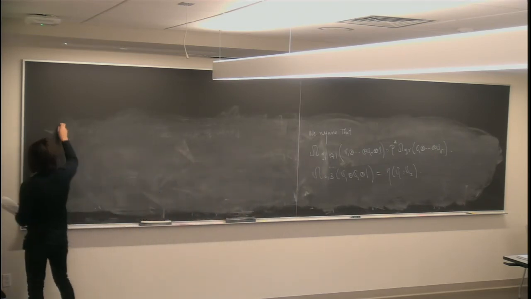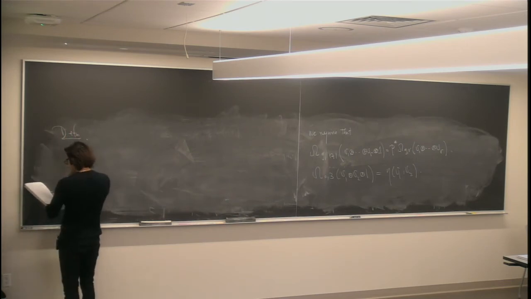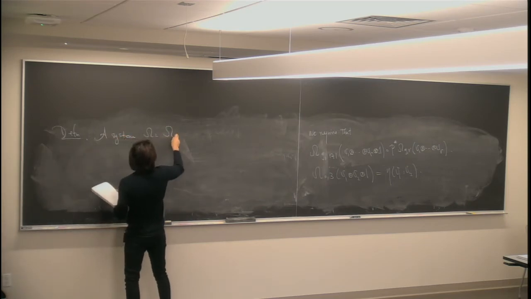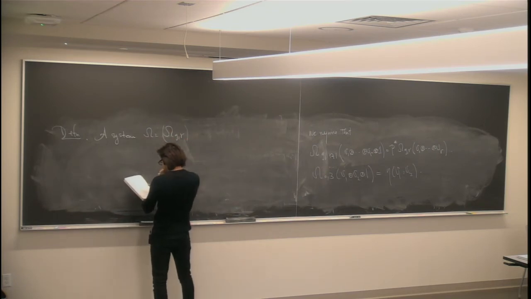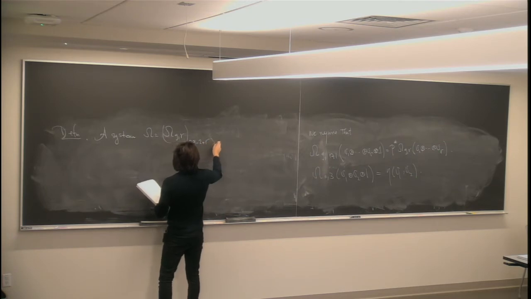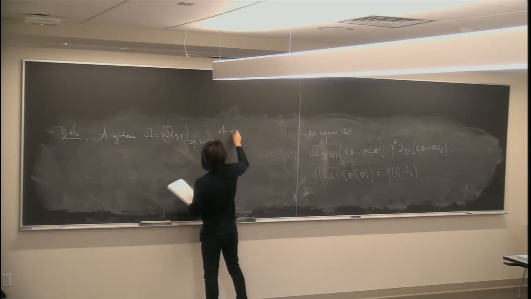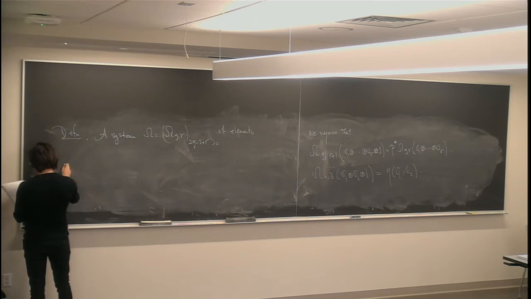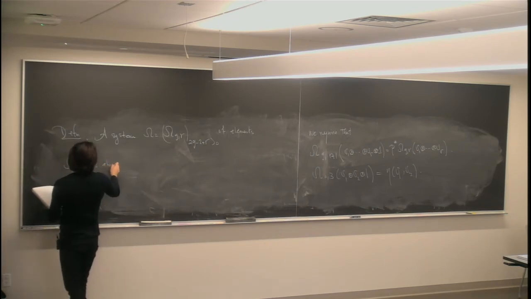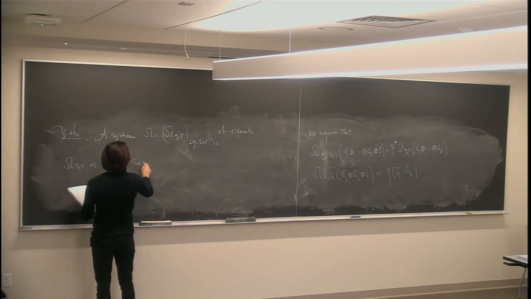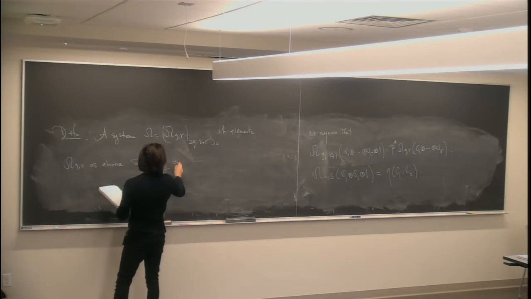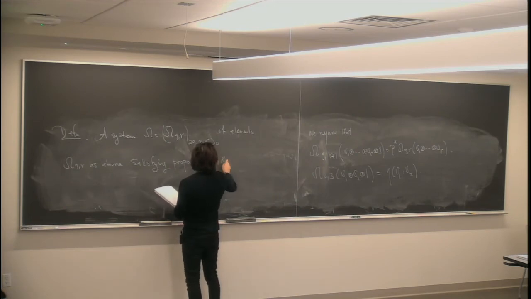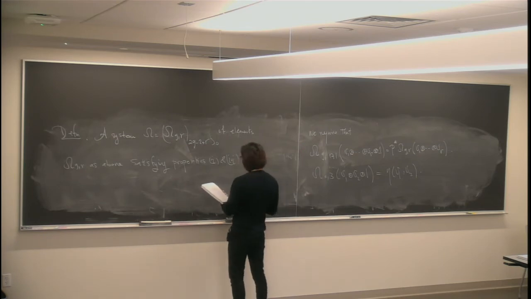And now, definition. A system omega equal to omega_{g,R}, now I can denote it this way, for 2g minus 2 plus R greater than 0, of elements omega_{g,R} as above, satisfying properties 1 and 2, is a cohomological field theory.